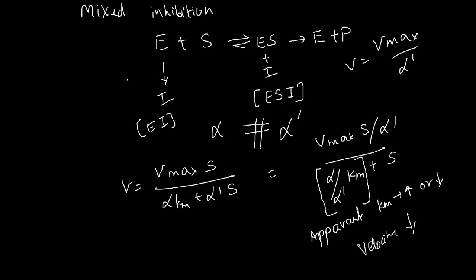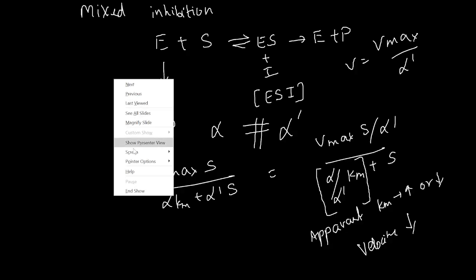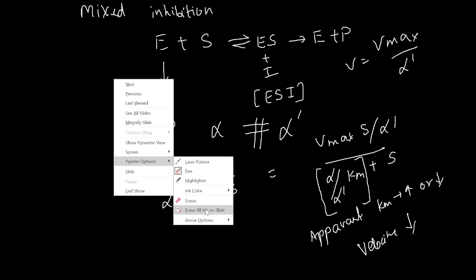Okay, now coming to the non-competitive inhibition. Now this is the last one, which is non-competitive inhibition. Here alpha is equal to alpha prime.